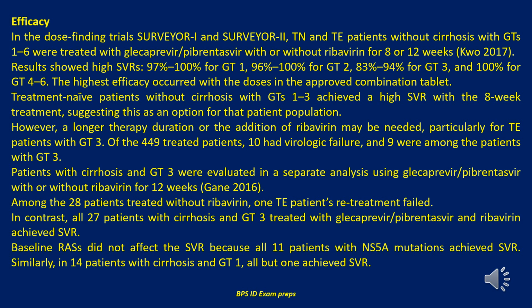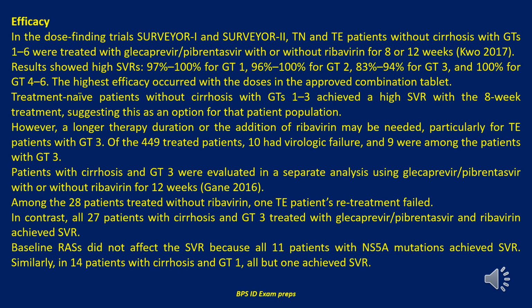Results showed high SVRs, 97% to 100% for genotype 1, 96% to 100% for genotype 2, 83% to 94% for genotype 3, and 100% for genotypes 4 to 6. The highest efficacy occurred with the doses in the approved combination tablet.